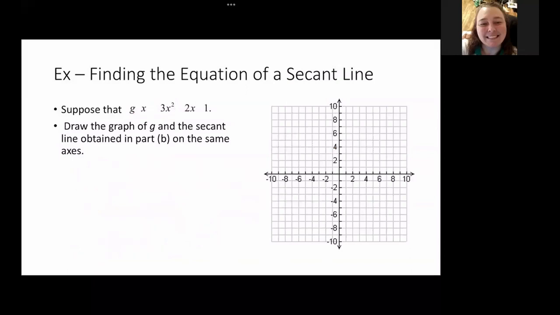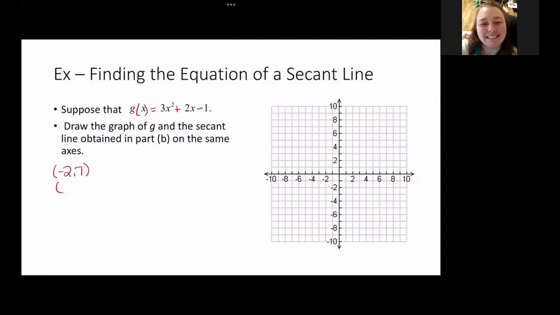Next, actually last thing that we're going to do today, suppose g of x equals 3x squared plus 2x minus 1. Let's draw the graph of g and the secant line. So I'm going to apologize for my graphing inabilities right now. Okay, so we have 2 points. We have a negative 2, 7, and what was the other point that we had?